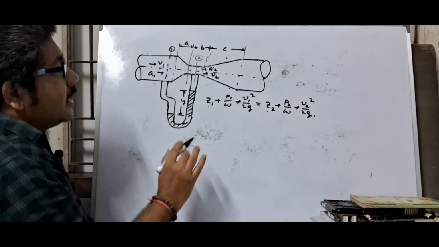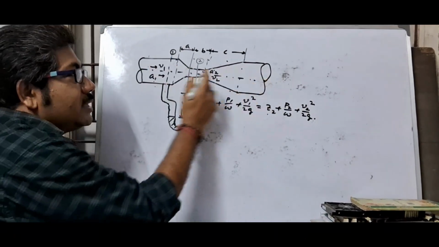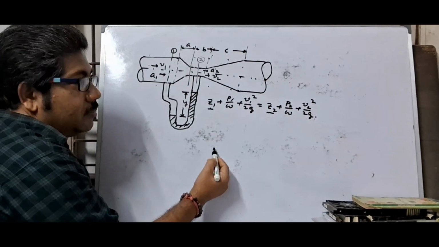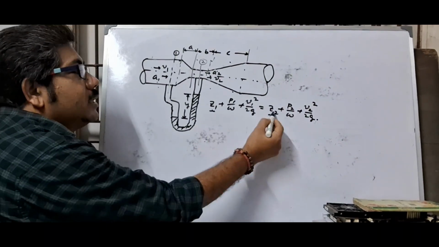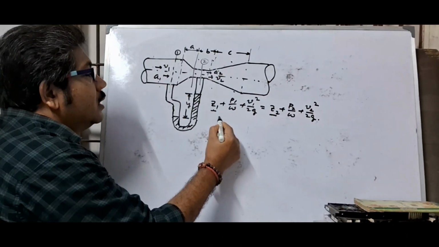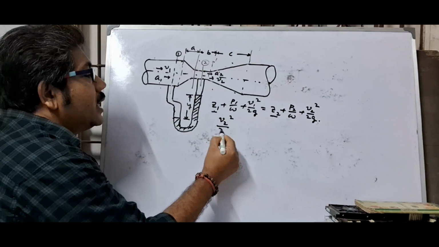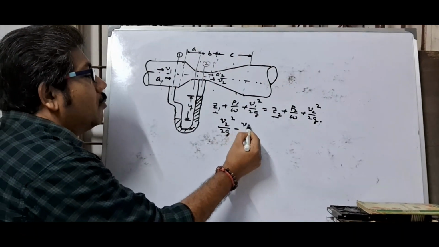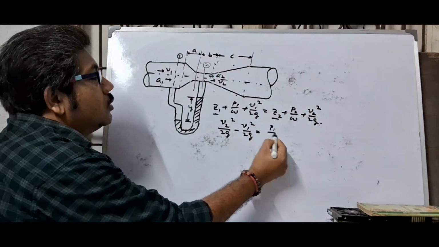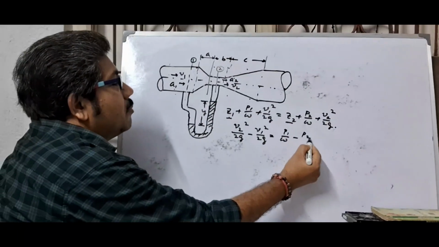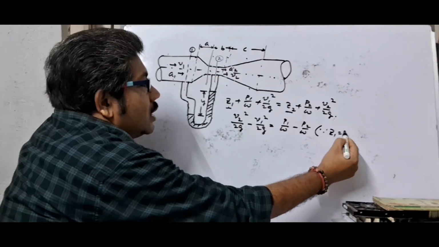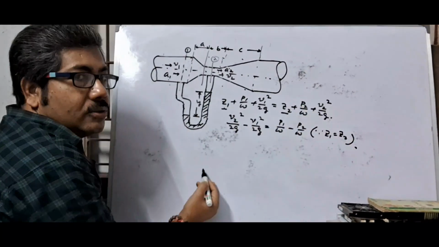As the Venturimeter is horizontal, potential head will be same, that means Z1 equal to Z2. So here this is V2 square by 2G minus V1 square by 2G, that is equal to P1 by omega minus P2 by omega, as Z1 equal to Z2.